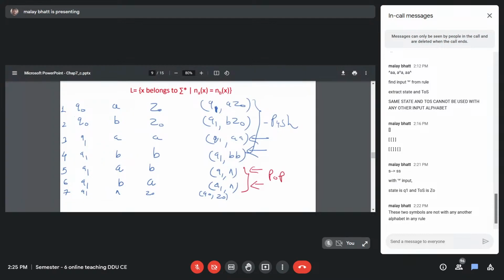It is a deterministic PDA, so Q0 will be the accepting state. Always, Q0 will be the accepting state if null is a valid string.